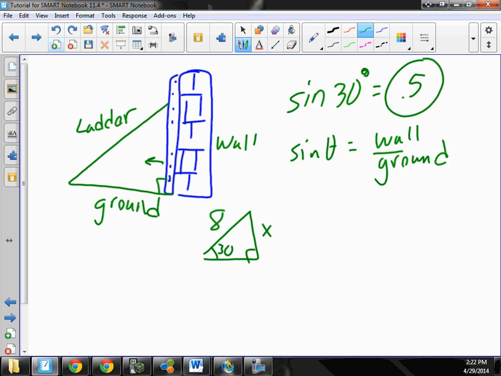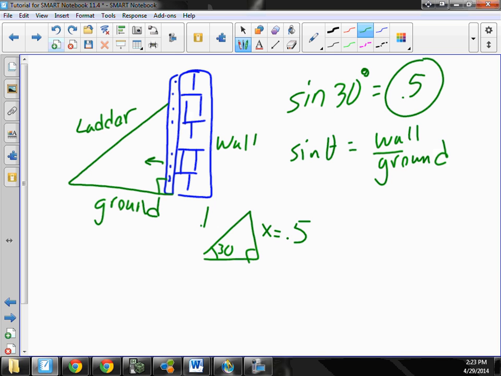It would be 4. If I change that 8 to a 13, how high would the wall be? 6.5. But what if the ladder is 1? How high is the wall? Half of 1, which is 0.5.